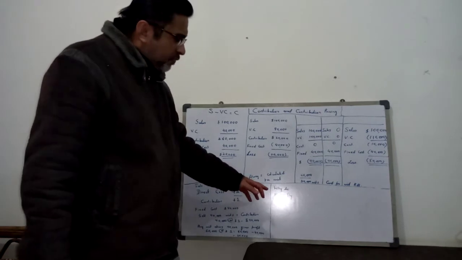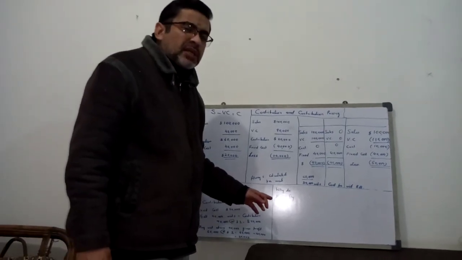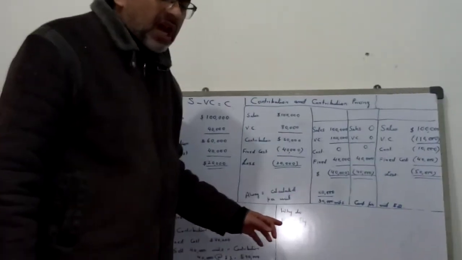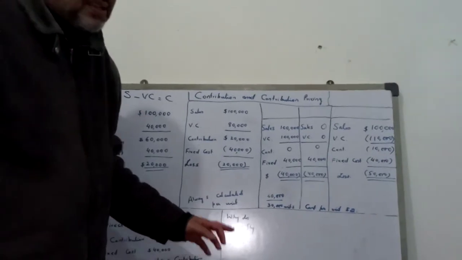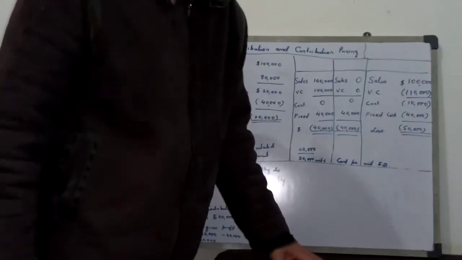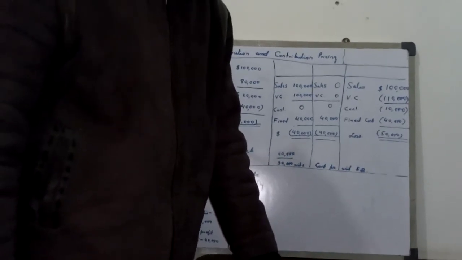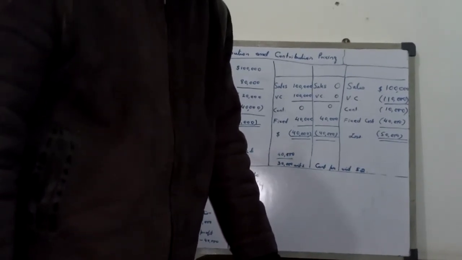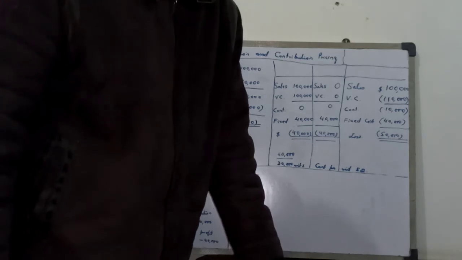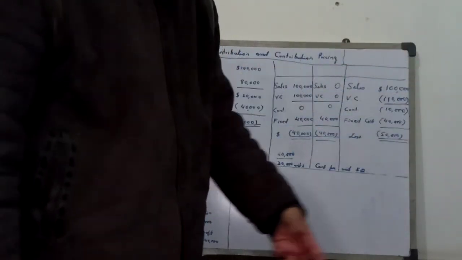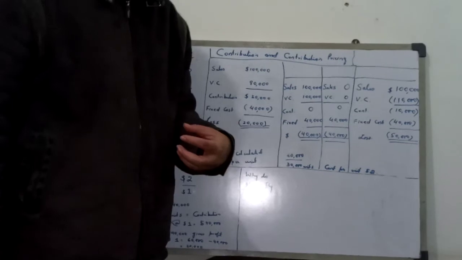Why do you think you must have traveled in planes? Sometimes you travel in planes, the planes are half empty or almost empty, but they are still flying. They are not grounding those planes. Why? Because the price that they are charging you is paying for the fixed cost, and at least they are recovering the fixed cost. Imagine the fixed cost that has gone into the airline.